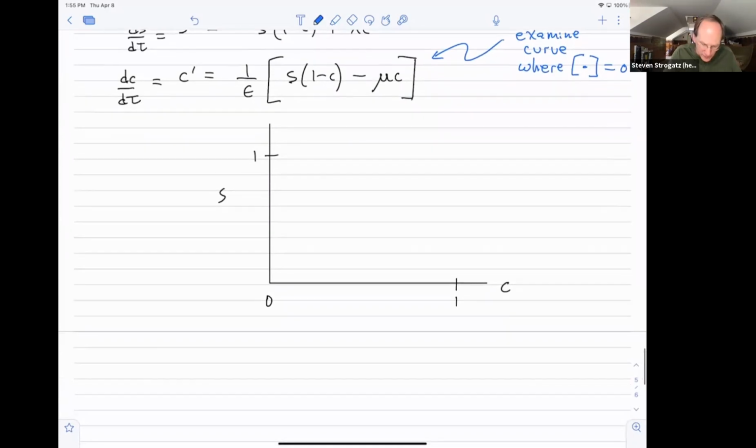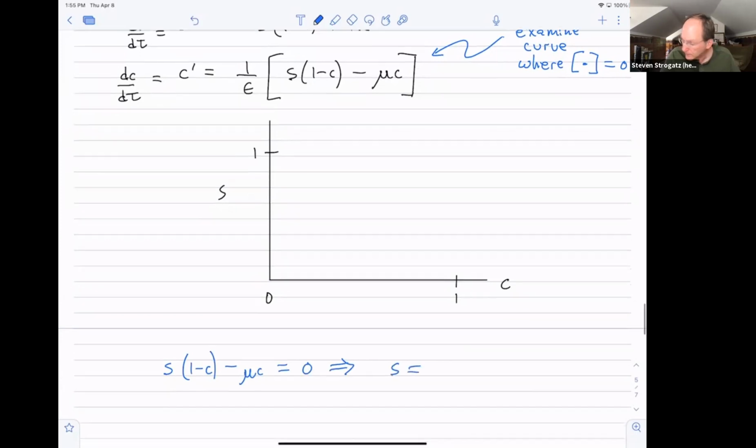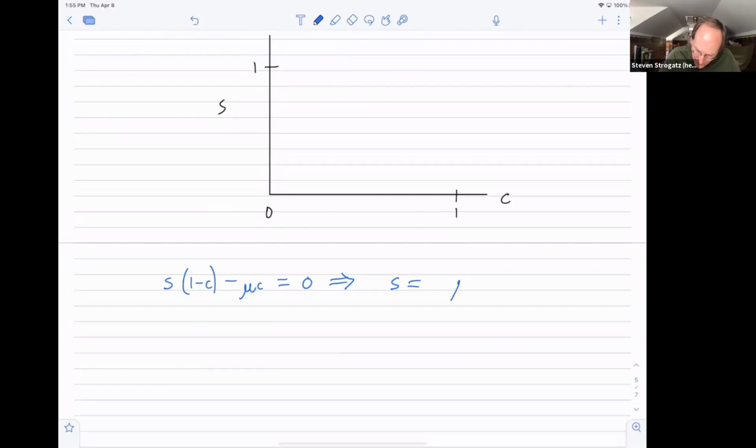So what is that? If I solve it, I'd be writing S times 1 minus C minus mu C equals 0, which I can solve. Let me solve it for S in terms of C. I end up getting S equals mu C over 1 minus C.